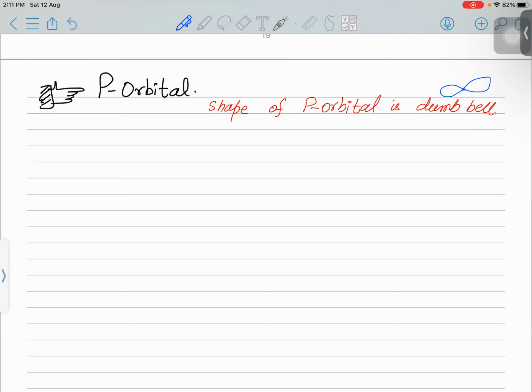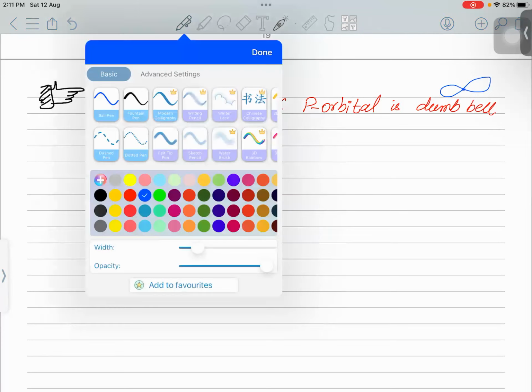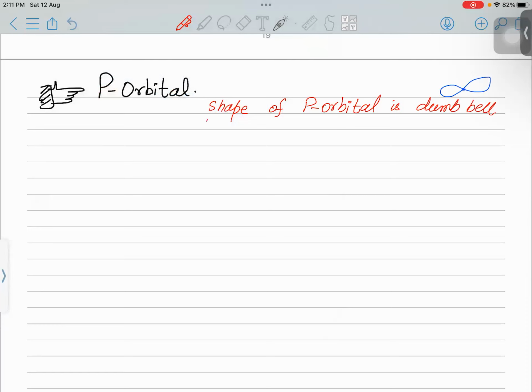Next, each shell has a p orbital except the first shell.